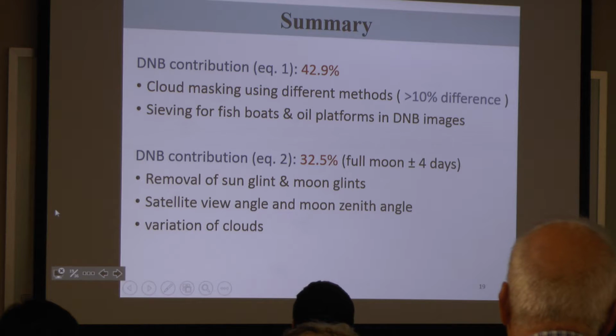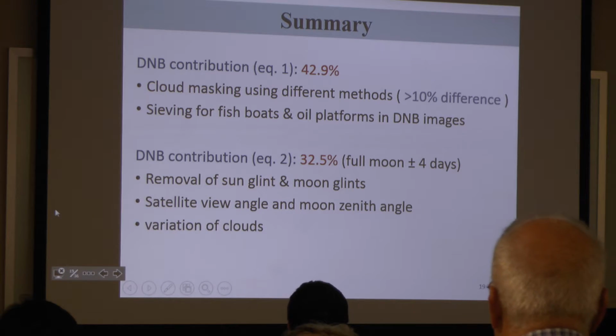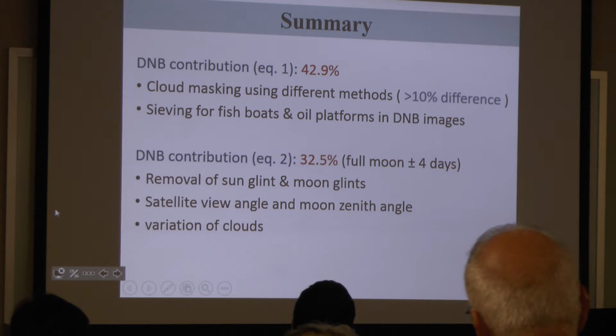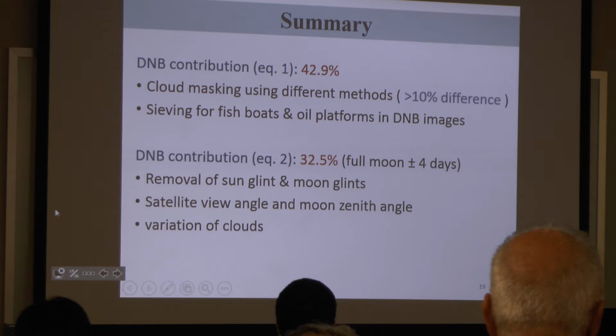Also, daylight band cannot detect the turbidity on each single day, even when the moonlight is available. This leads to the speculation that the turbidity pattern is only identifiable in a certain range of satellite view angle and moon luminance angle. The final factor that influences this contribution is the variation of clouds, which becomes more significant when we zoom in on the area.